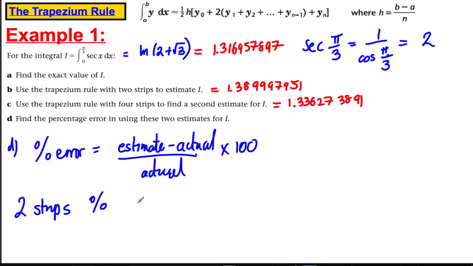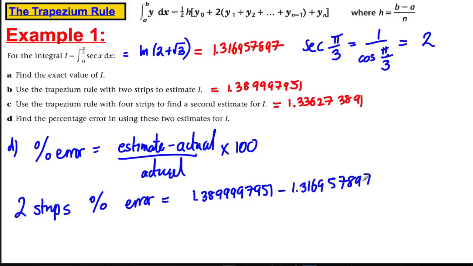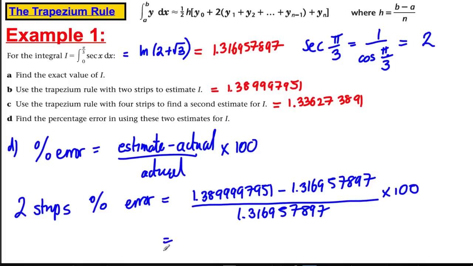Okay, so for let's say 2 strips, the percentage error is my estimate, which is 1.389997991, take away the actual, this one 1.316957897, all over 1.316957897 times 100. So it's a bit of number crunching here in your calculator, but it's not too hard really, is it?